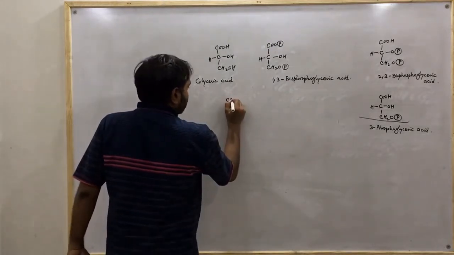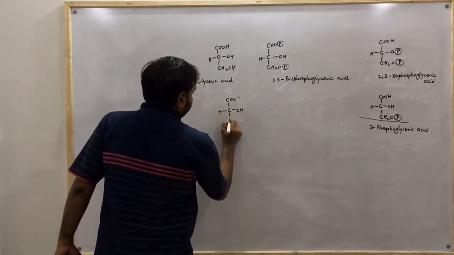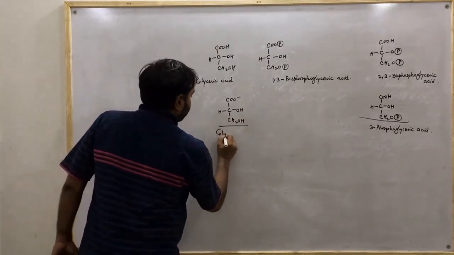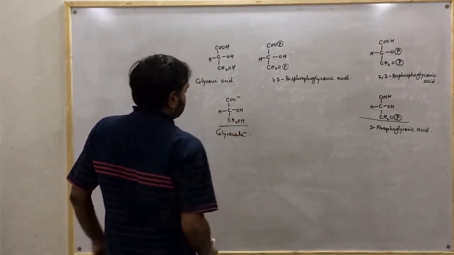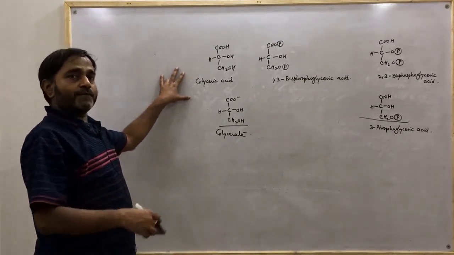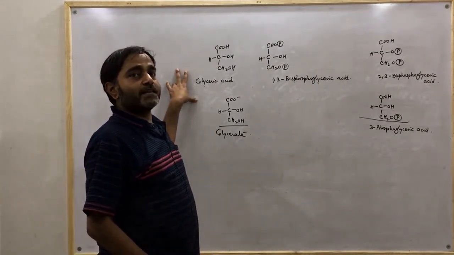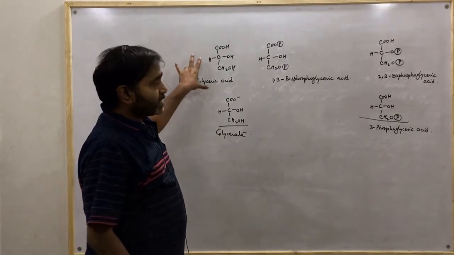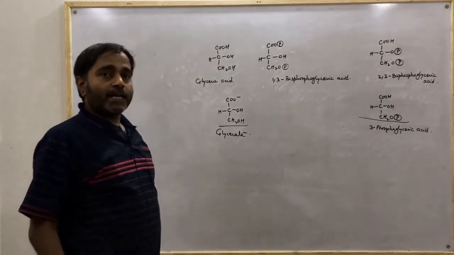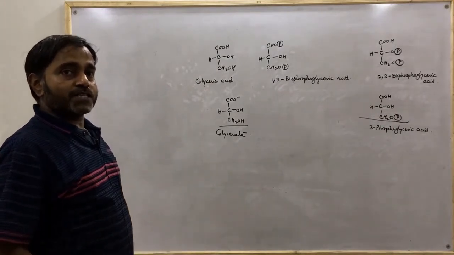You need to just write it in ionic form. So this is the glycerate molecule. It is very easy to represent the molecule, and when you represent the molecule, it will be easier for you to understand the pathway and whatever mechanism is being operated in it. So you must understand the framework of the molecule also in order to have conceptual clarity about this particular pathway we are studying.